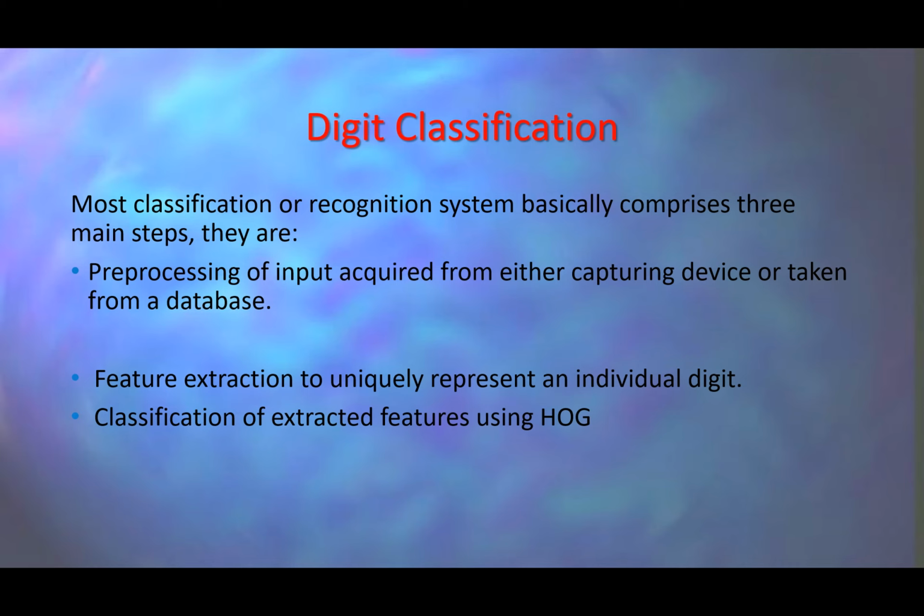So this pre-processing step is basically a series of operations performed on the MNIST handwritten numeric digits, say from a database. These MNIST handwritten digits are known to be like 400 digits.